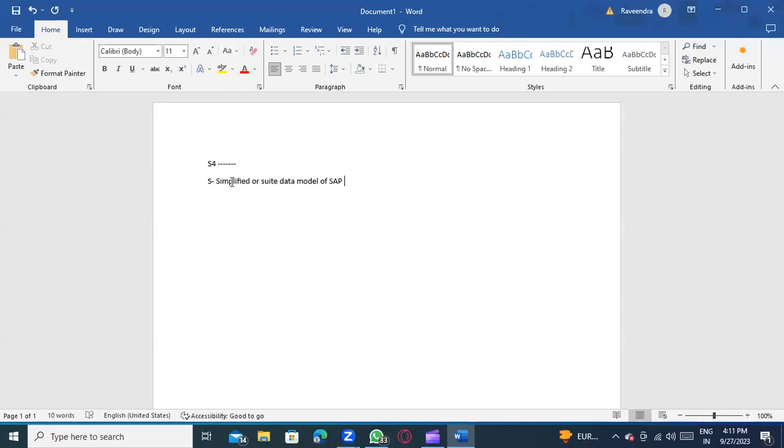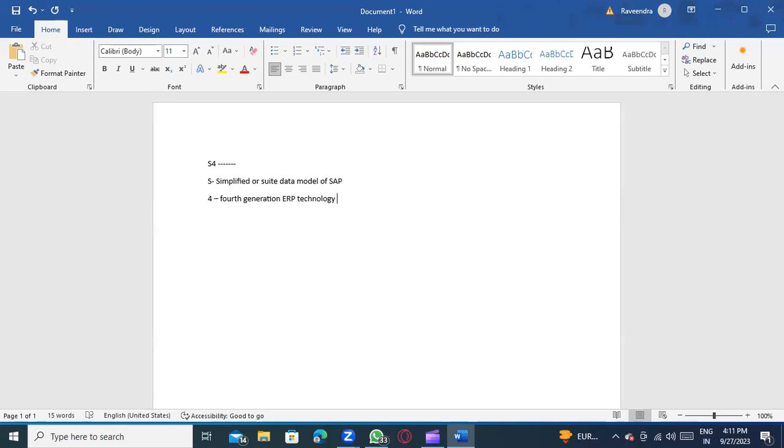And what is the 4? What is the abbreviation of 4? It is fourth generation, the fourth generation of ERP technology. Maybe you are aware that ECC is R3, a three-tier architecture, right? So now we are using S4 HANA.